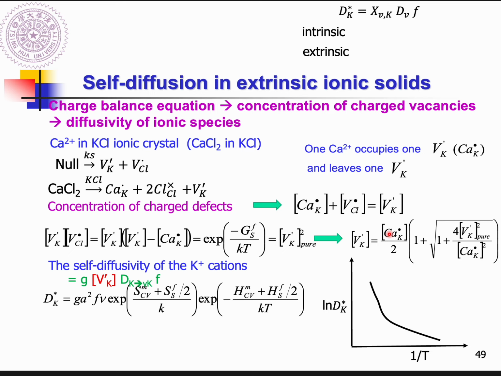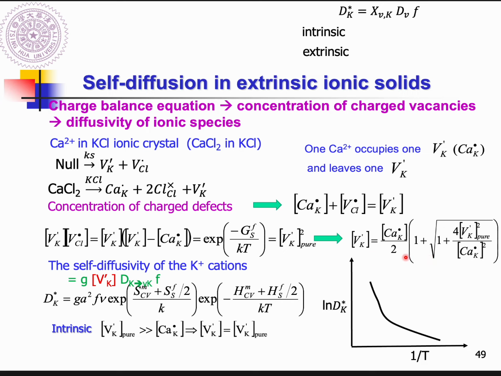So based on this, we can simply classify our case into 2 extreme cases. The first one is if the VK prime pure, meaning before dopant, is much larger than the concentration of the dopant, this one is quite large, and you can ignore one term. You can take the root on this one and ignore this term.